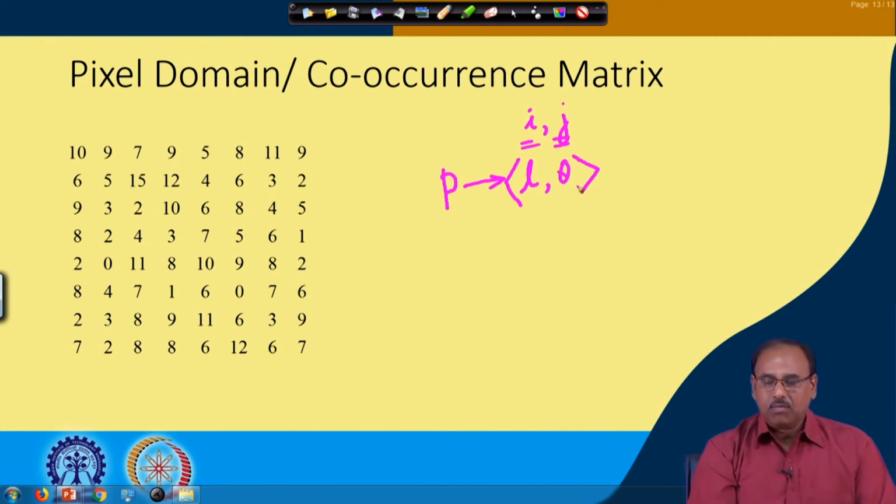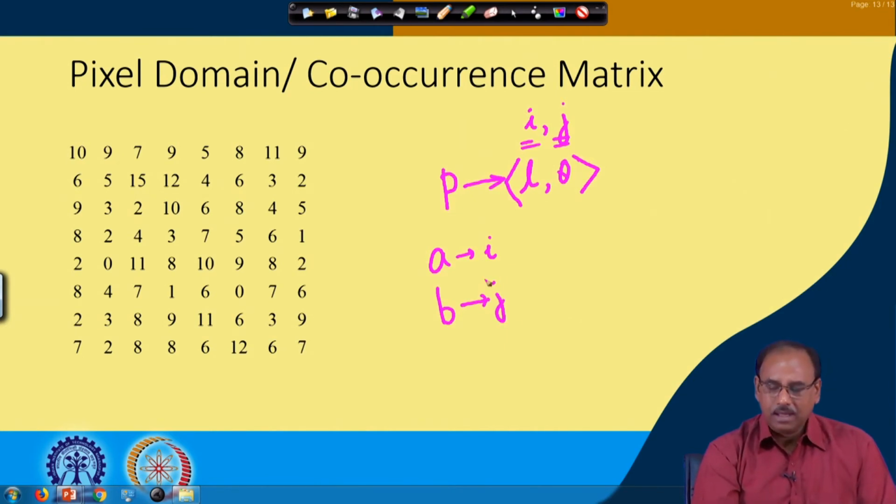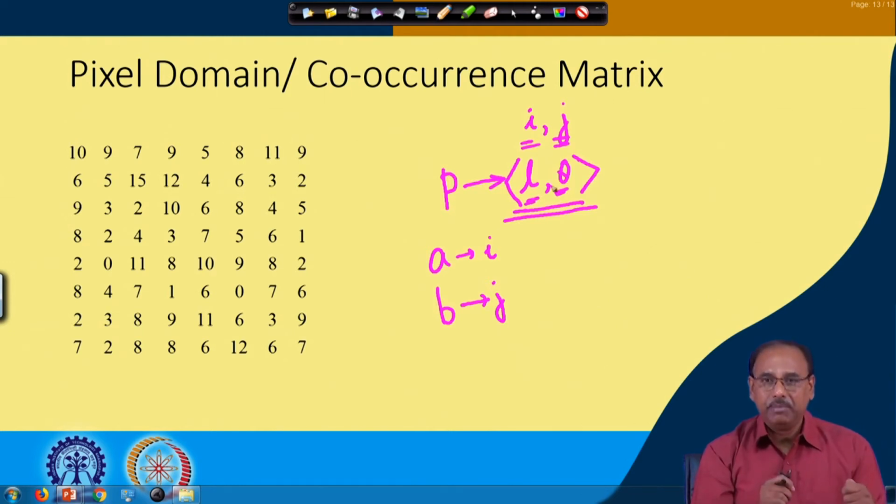So, by this what I want to say is, if I have two pixels, say A having an intensity value i and another pixel B having an intensity value j, then the pixels A and B will be separated following this positional parameter. That means, the distance between the pixels A and B will be L, and the orientation of the line joining these two pixels A and B will be theta with, say, the horizontal axis.